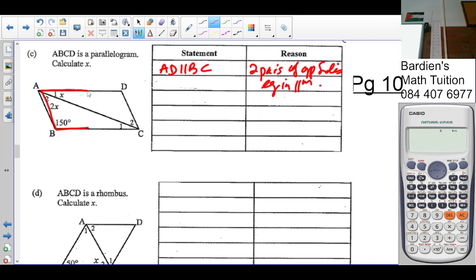Not opposite sides, two pairs of opposite sides. So those lines are parallel. Now we can say.